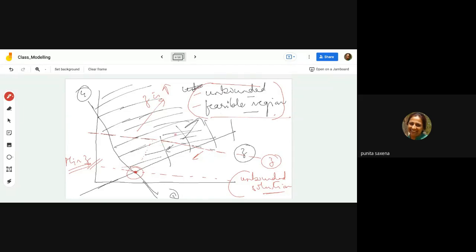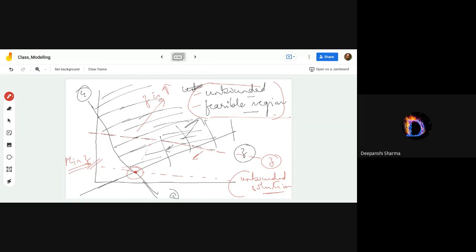Again, this is a very common question asked in interviews. If you have an unbounded feasible region, will the problem have an unbounded solution? No, not always. It depends upon the objective. Similarly, in case you have a maximization problem, then it will have an unbounded solution, but that may not happen for minimization. Is this clear?